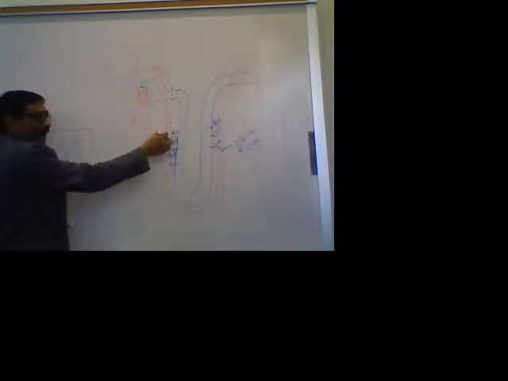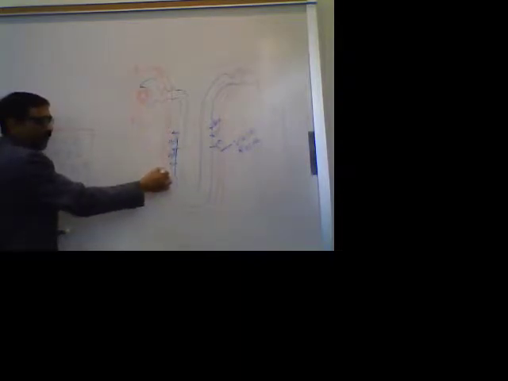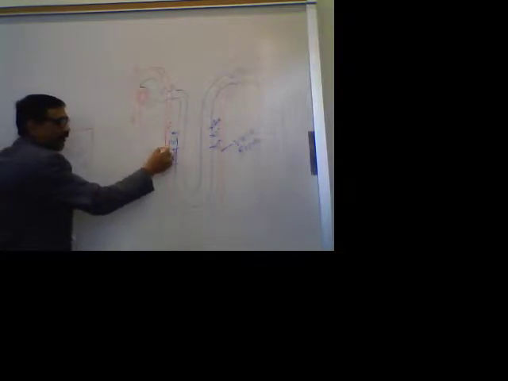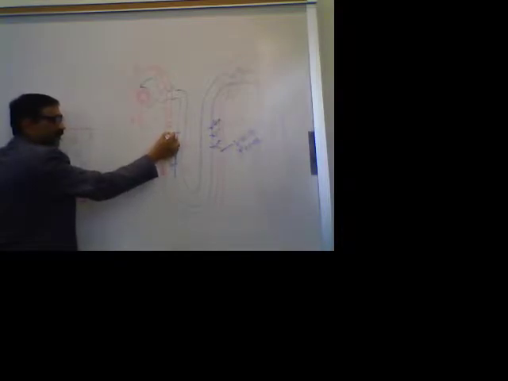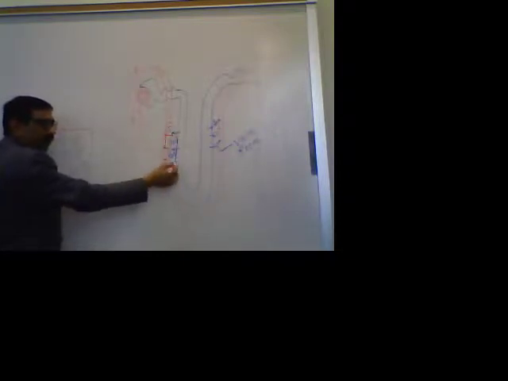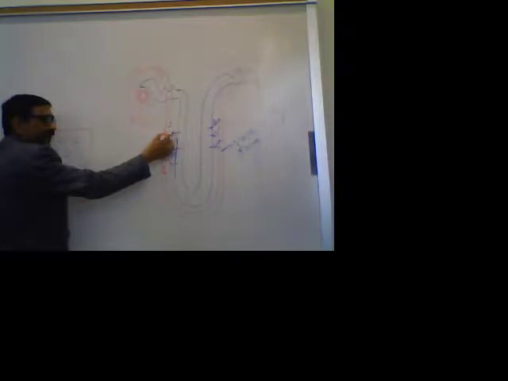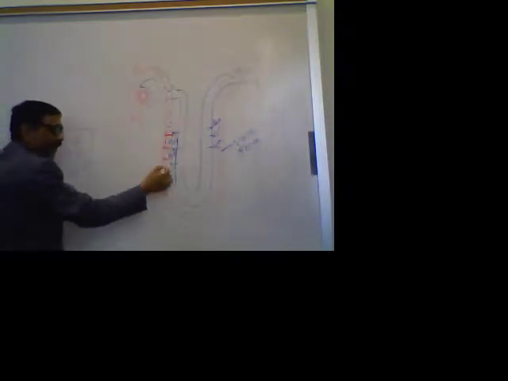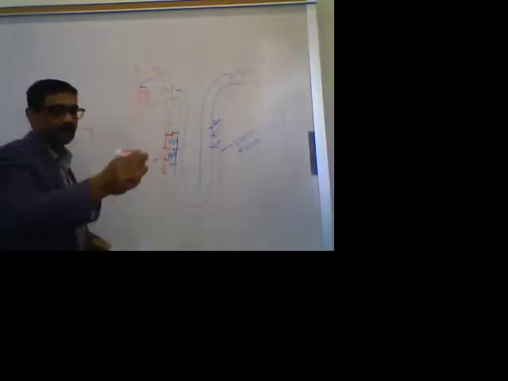While the blood is passing this way, water is getting in from the interstitial space here. So continuously water is getting out from the descending limb of loop of Henle, but water is not staying there. Water is entering into the blood here, and the blood is taking it out.